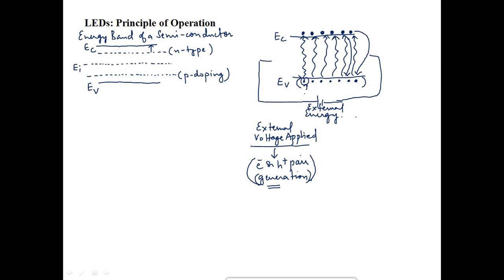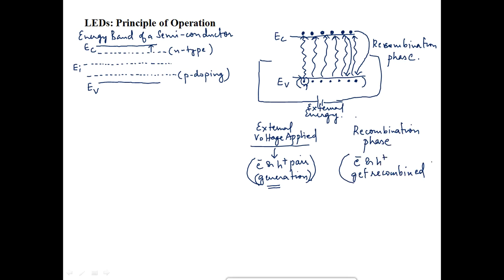So we say that electrons and holes get recombined. That is the recombination phase. During the recombination phase, electrons and holes get recombined in order to attain the stable state.